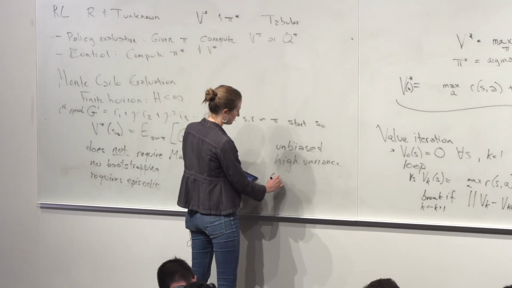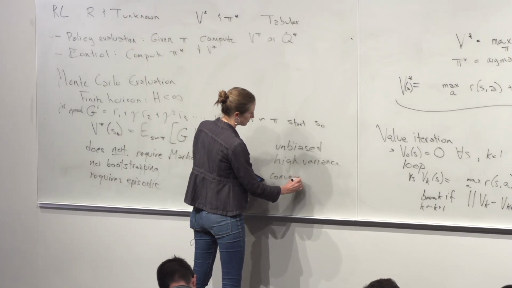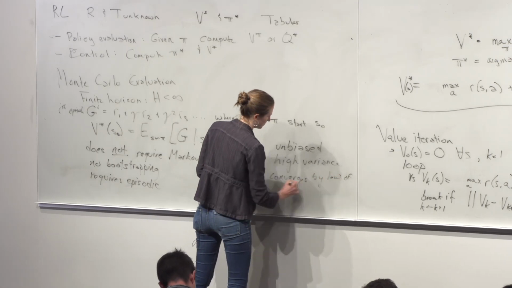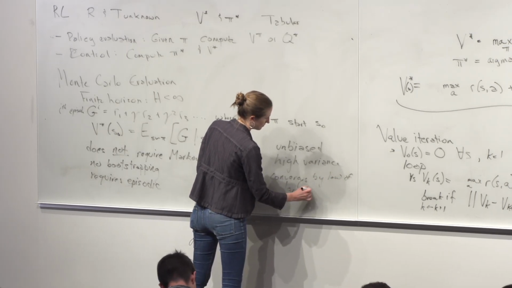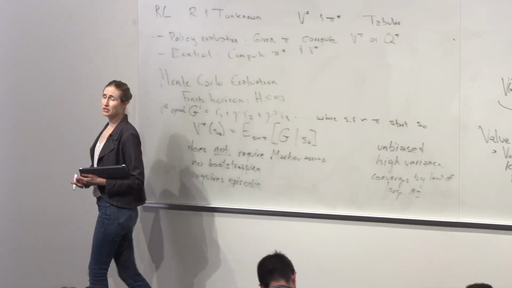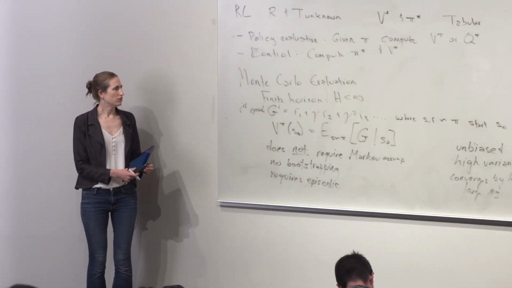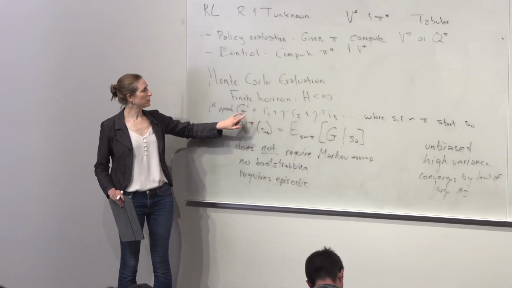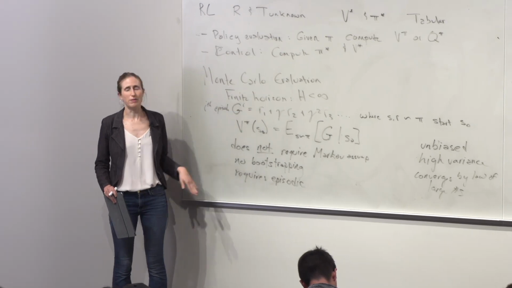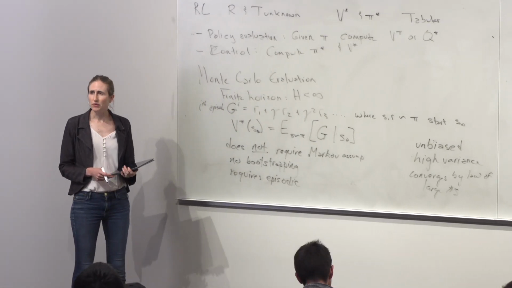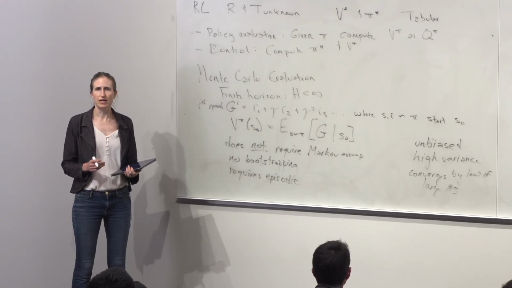And it converges by the law of large numbers. Bootstrapping is not causing some potential problems here. It's unbiased, it just might be high variance. You might need a lot of samples for this to converge, but it will converge to the true solution by the law of large numbers.